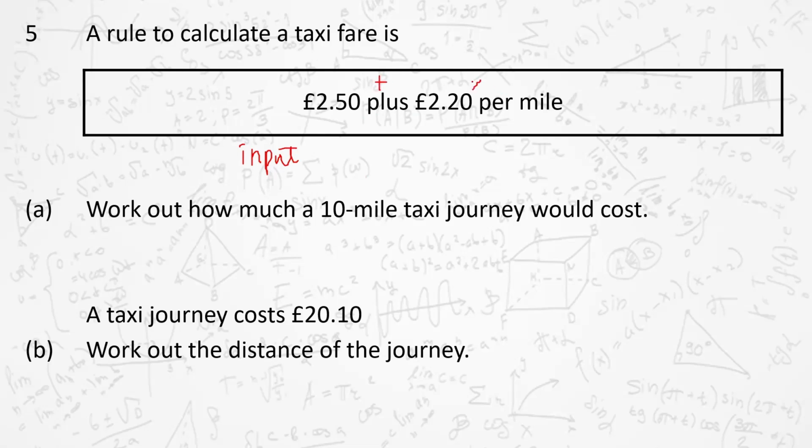Per mile, we need to multiply. Similar to BIDMAS, we need to multiply first. So the number of miles times by 2.2, then add 2.5, gives us the output.